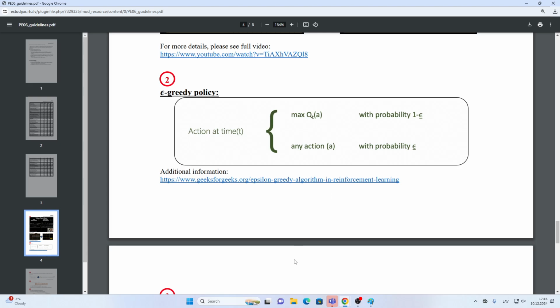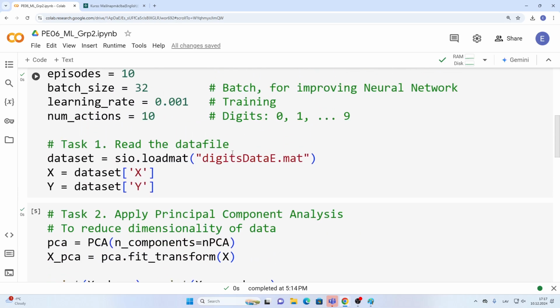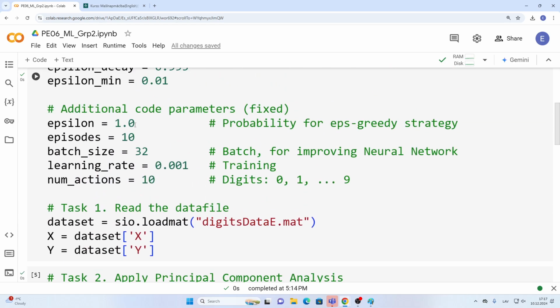Now, if you look carefully at our program, you have seen that we have specified epsilon as 1.0, which means that at the beginning it is always going to do random things instead of searching for the most rewarding case.